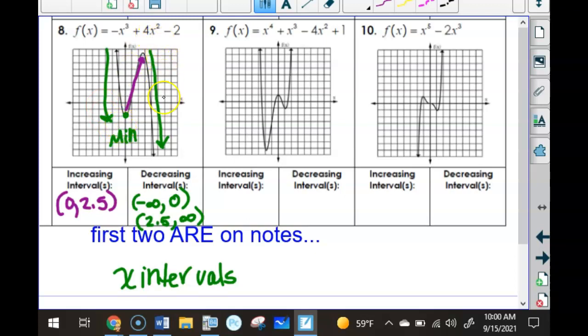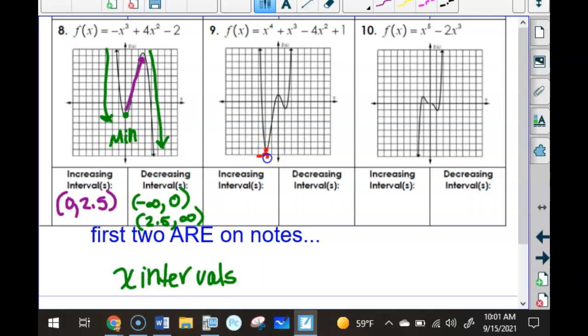Decreasing, increasing, decreasing. All you do is trace it left to right. Do you have this number 9 on your sheet with the equation or without? Okay. So do you want to use the equation or you want to just estimate? Is everybody okay with just estimating? You could find the maxes and mins if you had to. Okay, I'm going to call this one -2.